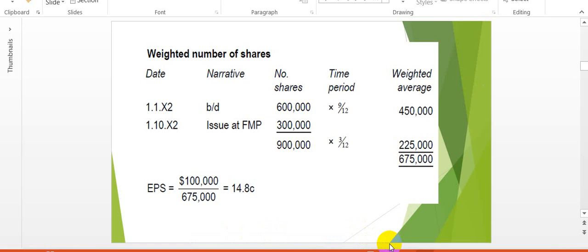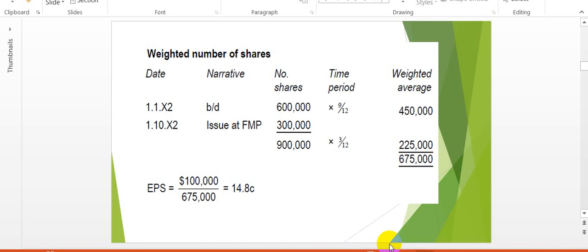So those 600,000 shares which were there from 1st January, you have to time apportion them: 600,000 times 9 divided by 12 to give you 450,000.